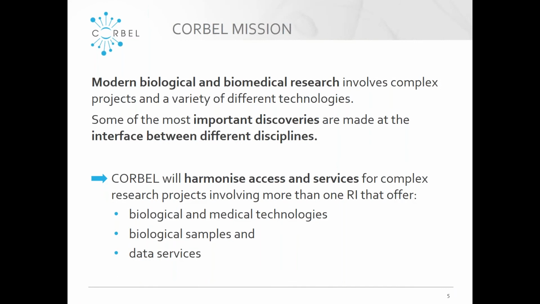Modern biological and biomedical research involves complex projects which often combine a variety of different technologies and operate at the interface between different disciplines. CORBEL aims to help these projects by harmonizing access and services from research involving more than one RI. You can imagine that this could be biological and medical technologies, biological samples, or data services.